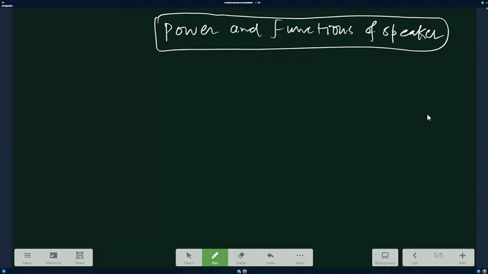Fine. Now if you see, the speaker is the head of the Lok Sabha, and he's also the guardian of power of the Lok Sabha. He's a principal spokesperson in the Lok Sabha. He is the final interpreter of all statutes, rules, regulations, decorum within the Lok Sabha.